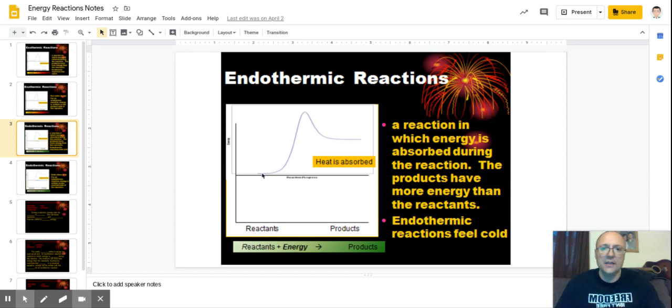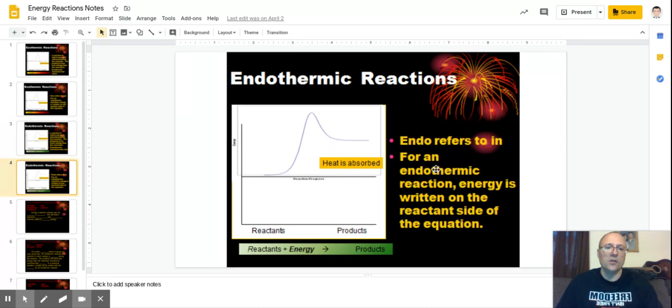Once again, you'll see this curve goes to the very top, which is the activation energy. It's the energy that's required to get the reaction started. But then you will see that the products line is now greater than the reactants. And the difference between the original line of energy and the new line of energy is the heat that was absorbed.